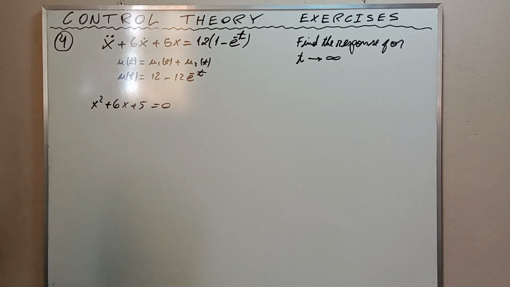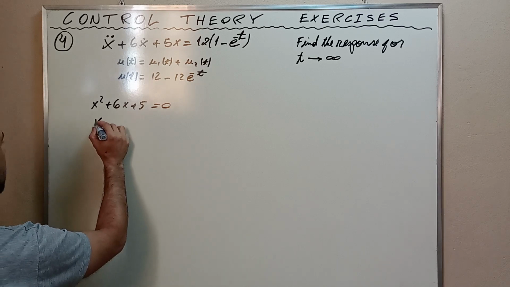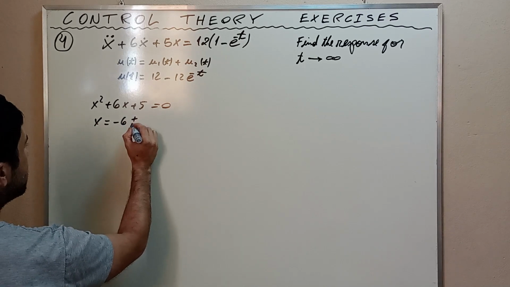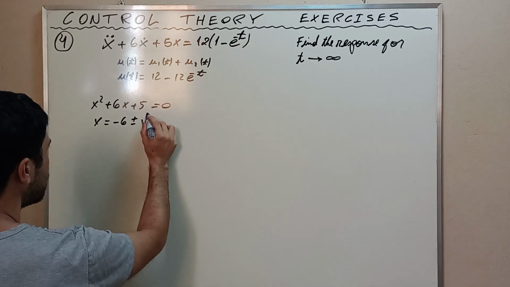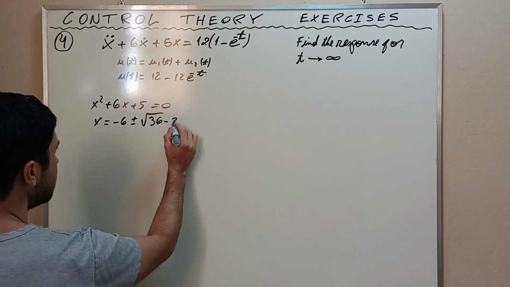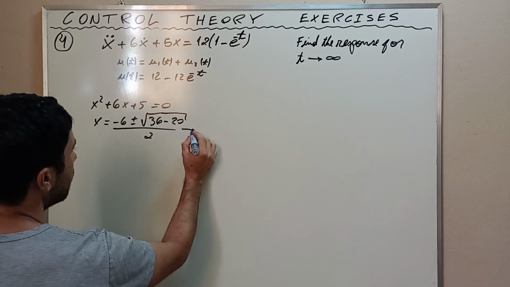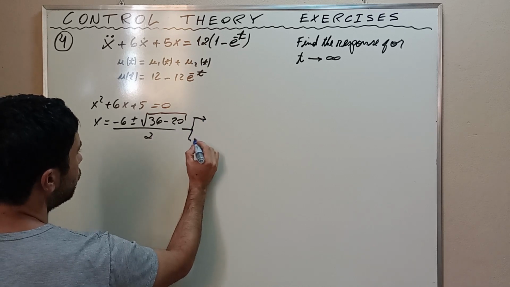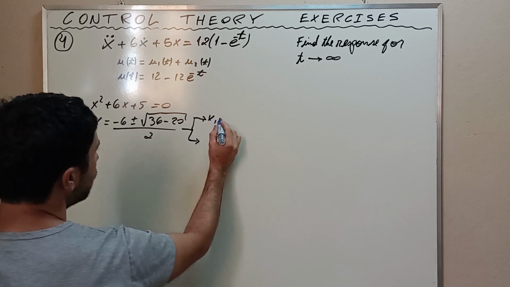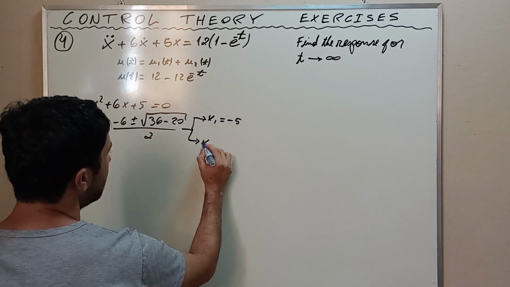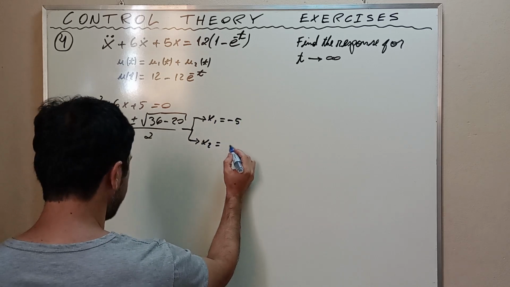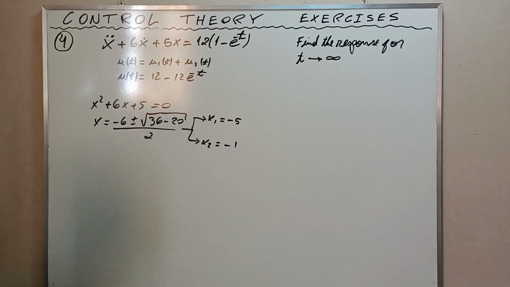This is the characteristic equation whose solution is x equal to negative 6 plus or minus the square root of 36 minus 20, divided by 2. And the roots are x1 equal to negative 5 and x2 equal to negative 1. Okay?